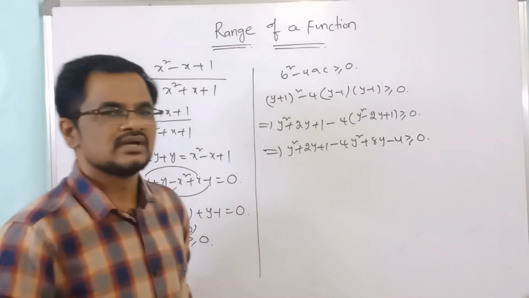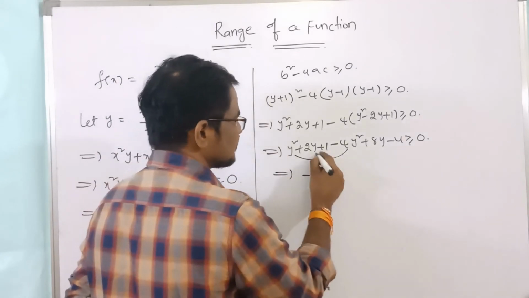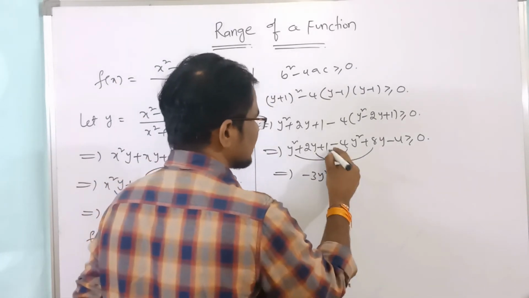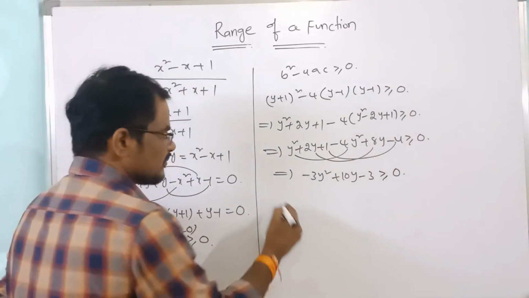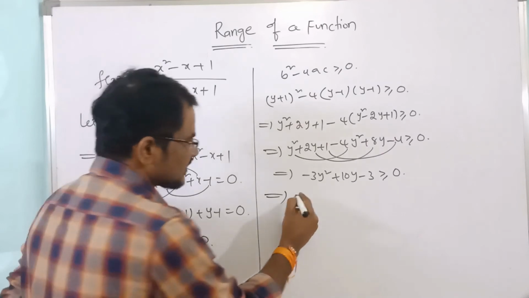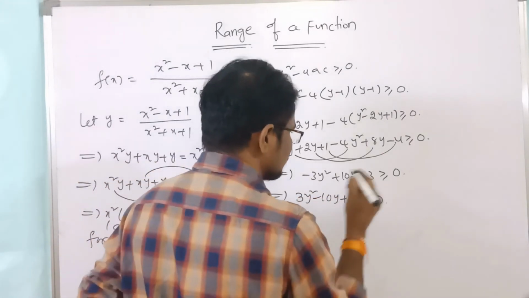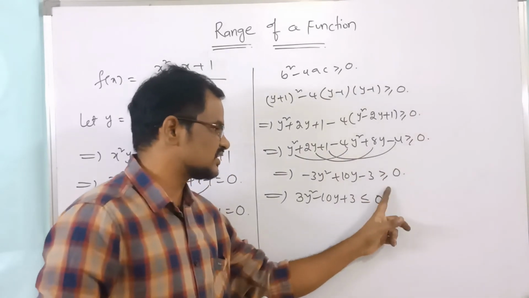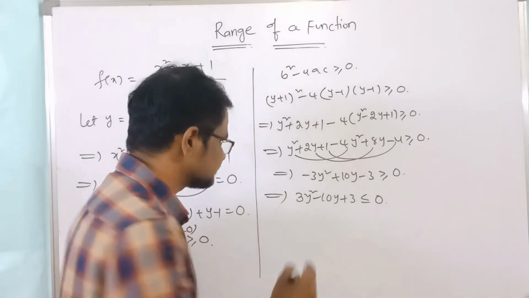That implies y square plus 2y plus 1 minus 4y square plus 8y minus 4 greater than or equal to 0. So from these two minus 3y square, from these two plus 10y, and from these two minus 3, greater than or equal to 0. Multiply with minus, so 3y square minus 10y plus 3 less than or equal to 0. If you multiply with minus, this greater than or equal to becomes less than or equal to. Take the factors of this one.